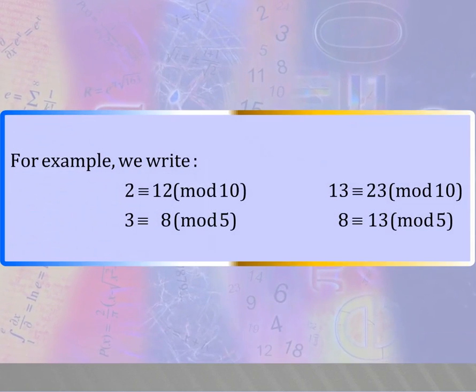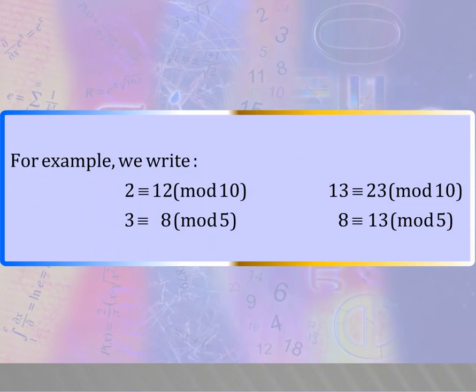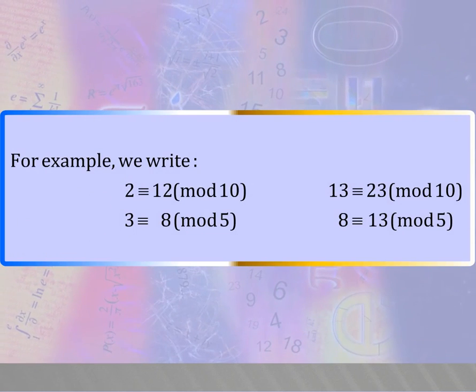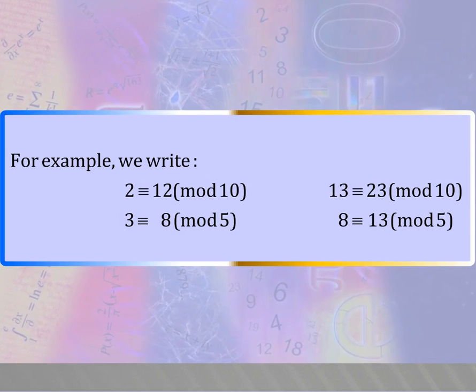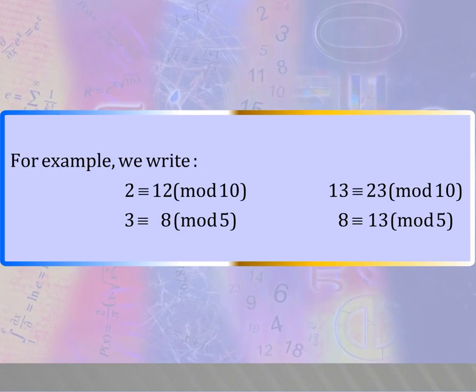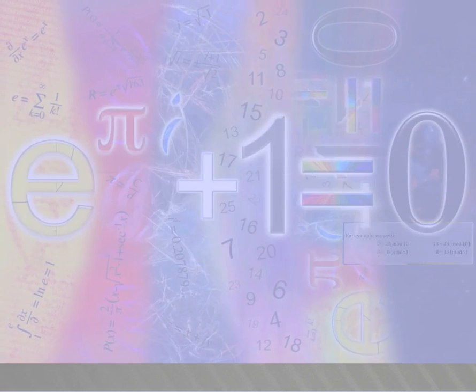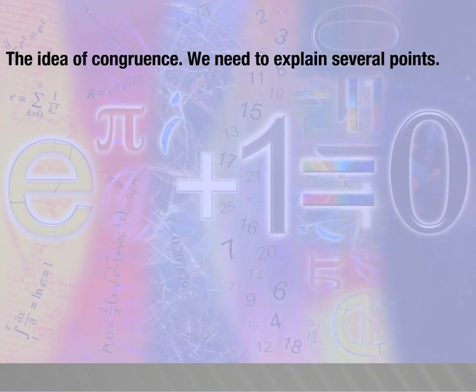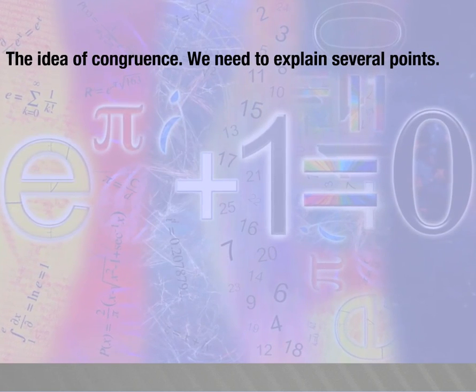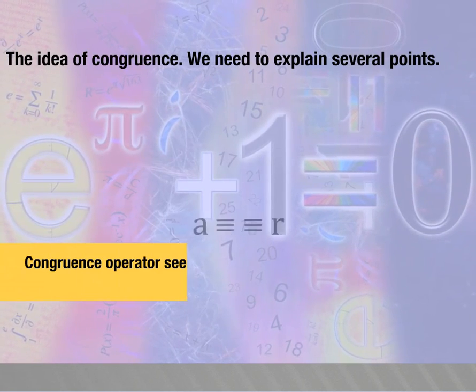For example, we write 2 is congruent to 12 mod 10, 13 is congruent to 23 mod 10, 3 is congruent to 8 mod 5, 8 is congruent to 13 mod 5. The idea of congruence: we need to explain several points.